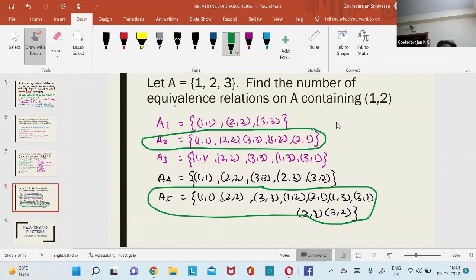Sir, how can you define a transitive relation? If (a,b) belongs to the set, and if (b,c) does not belong to the set, then obviously it is a transitive relation. Am I right, sir? Correct, sir.